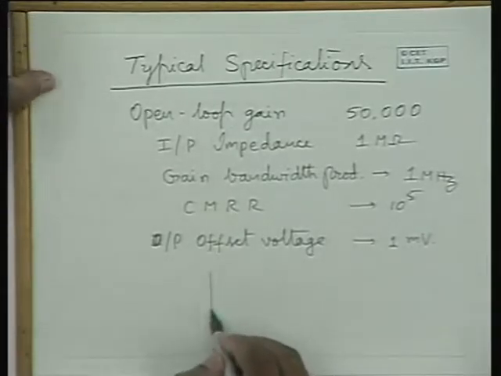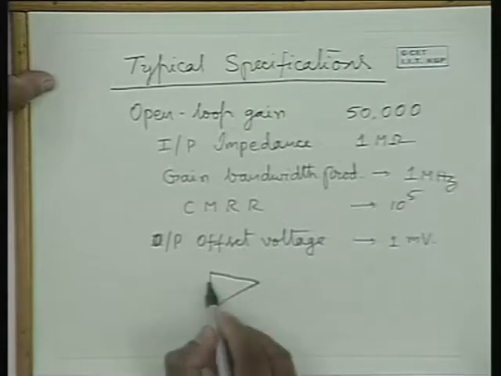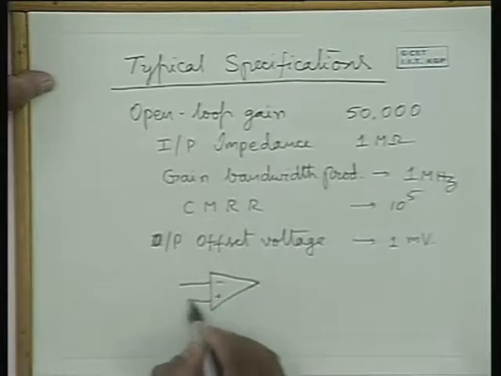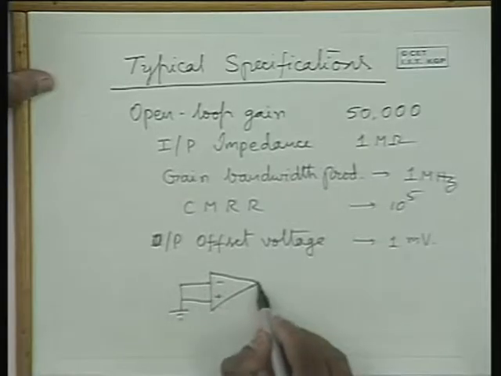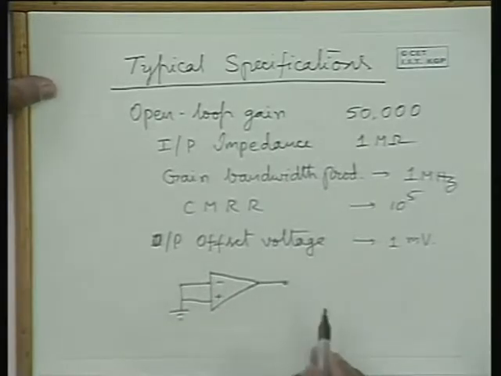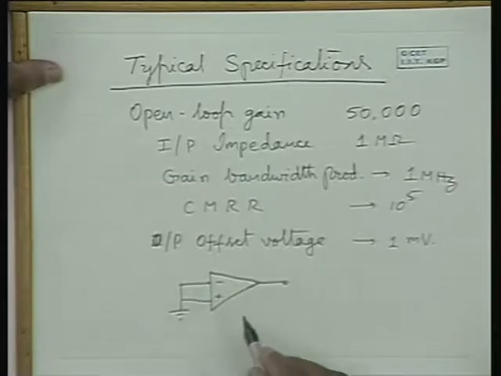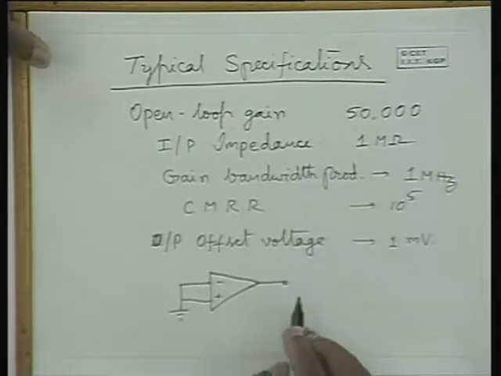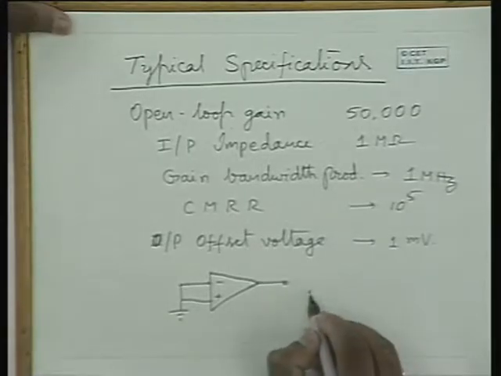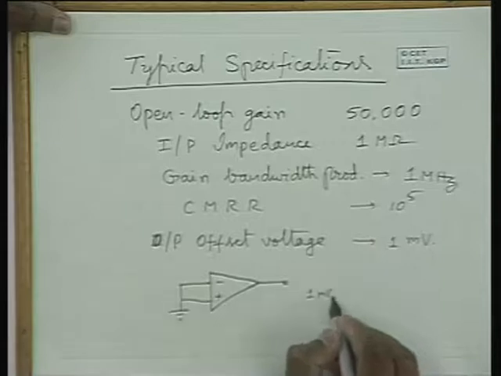When both the inputs are connected together and they are grounded, how much output is expected? The output that is expected is 0 volts, because the input is absolutely 0. But we find that in practical operational amplifiers, we find some output voltage, of the order of a millivolt.